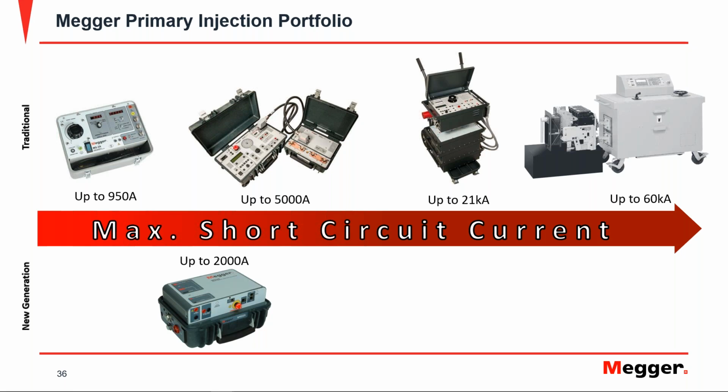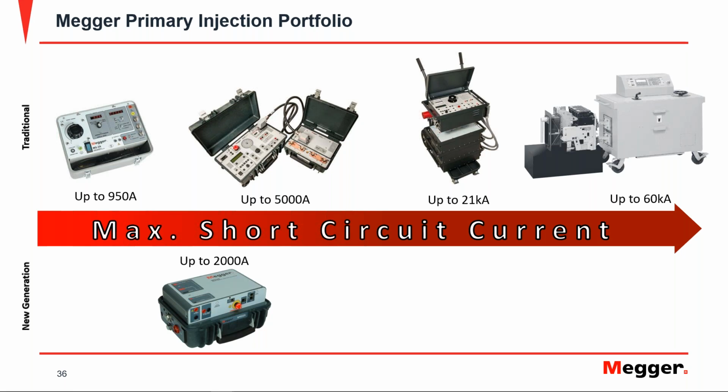Our primary injection portfolio is very wide, as you can see. We have units from 500, 900 amps that go all the way up to 60,000 amps. And of course, we have the SPY, whose maximum short circuit is 2000 amps, and it's a new generation type of instrument.